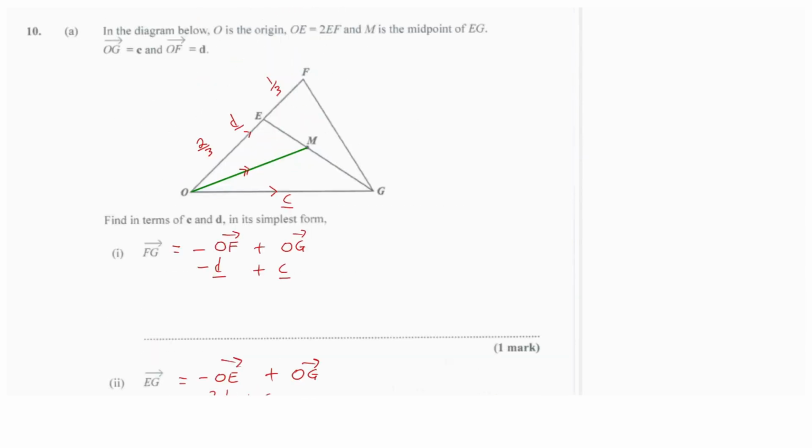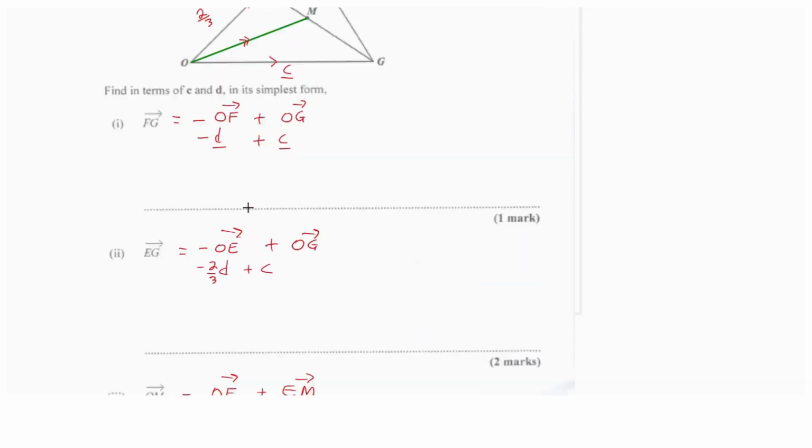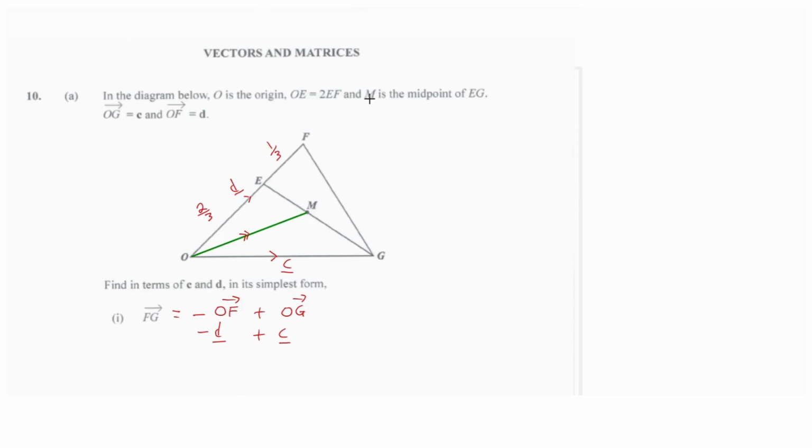So let's look on the diagram. OE here would be 2/3 D. So we can write that. So that's 2/3 D plus EM. We were told that M is the midpoint of EG.